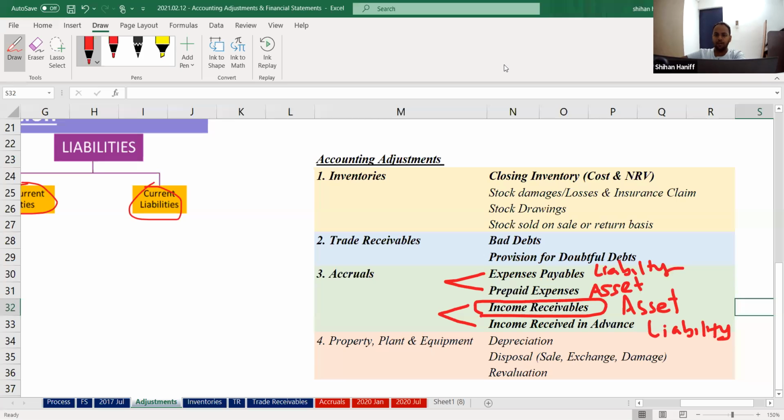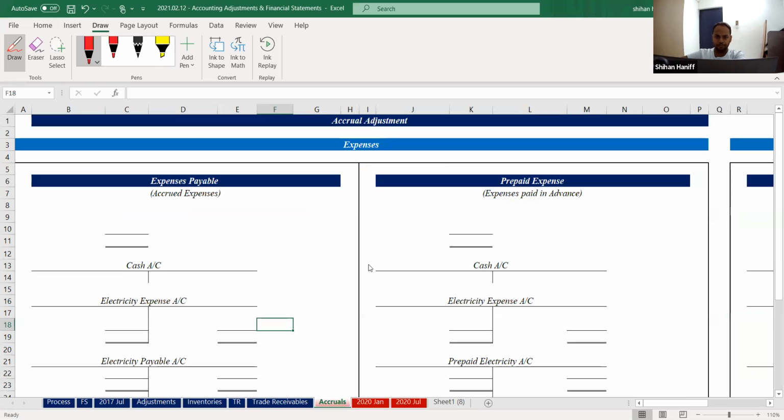So that's how we divide the accrual adjustment. I will explain one by one. You have to listen carefully because definitely this will be very useful in all the questions. So we'll move on to the accrual.